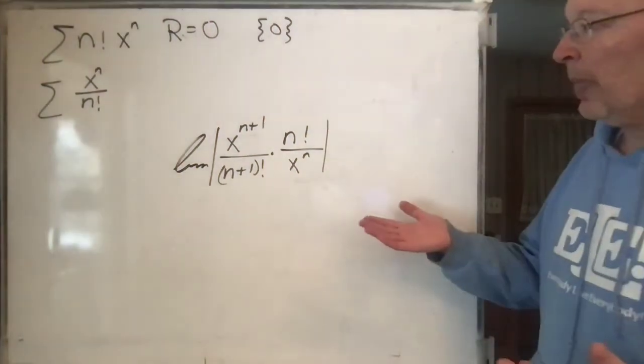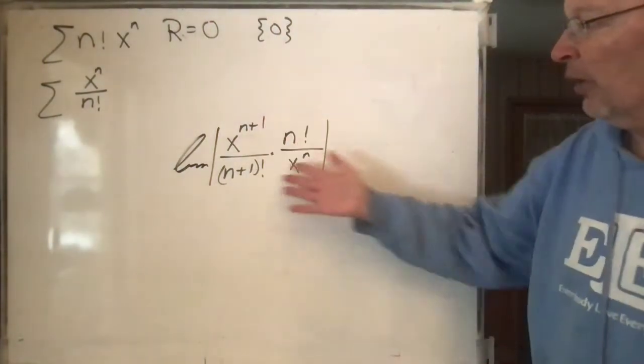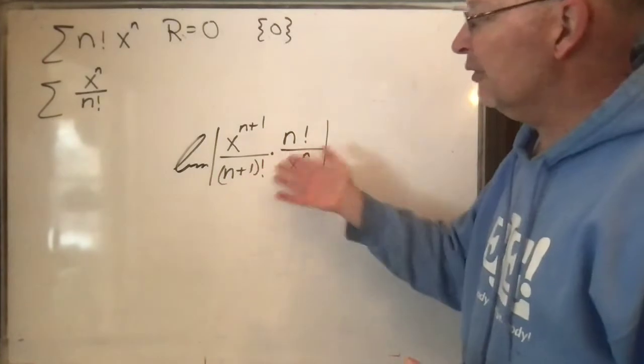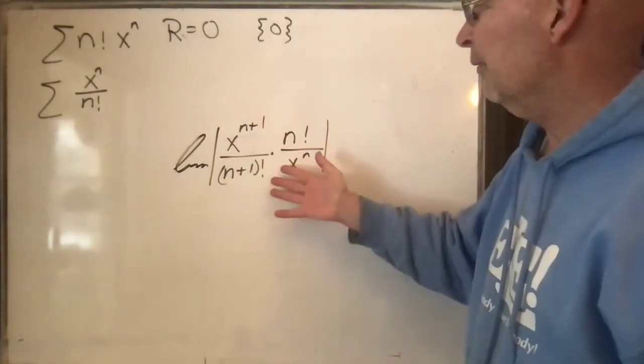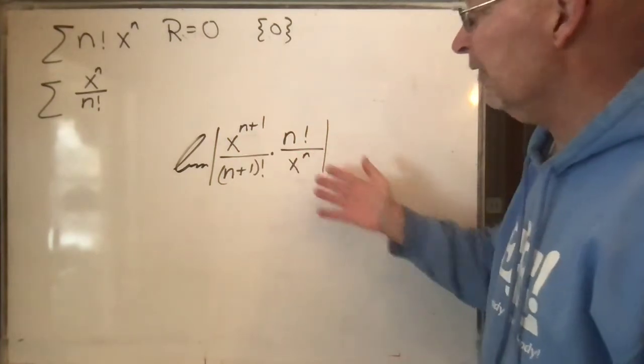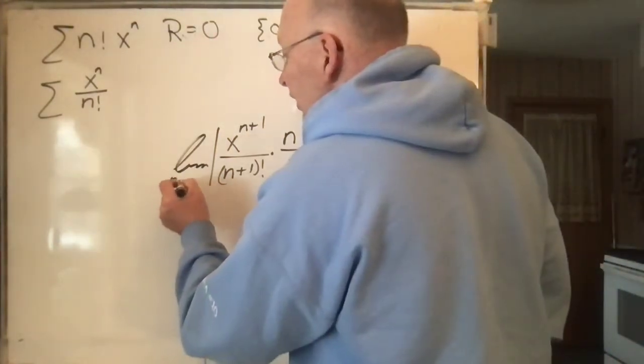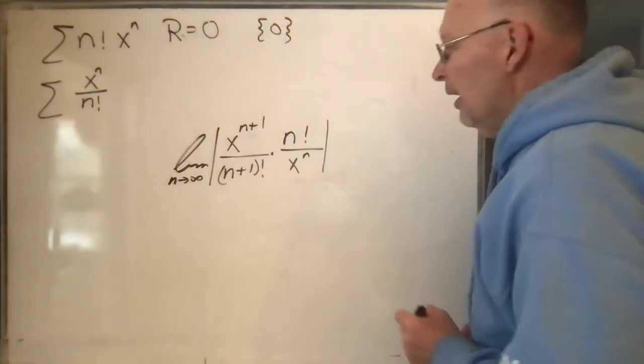What do we know? We know that as long as that ratio is less than 1 in size, the ratio test applies for positive things. So put on the absolute values, everything is positive here. And you take the limit here as n goes to infinity, and what do we get?